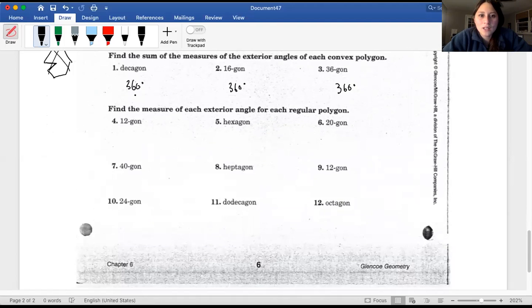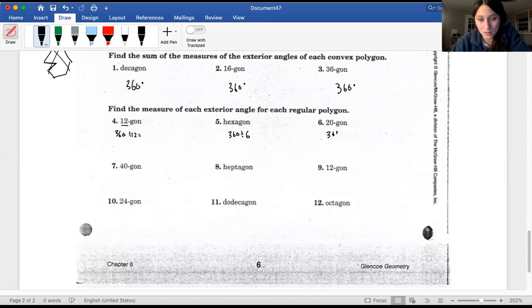So now let's find the measure of each exterior angle for each regular polygon. So now we're saying, okay, let's find one exterior angle if this is a 12-gon. We would just do 360 divided by 12 to find one of my exterior angles. For a hexagon, we would just do 360 divided by 6 to find one exterior angle.